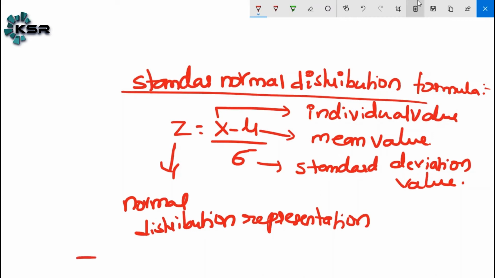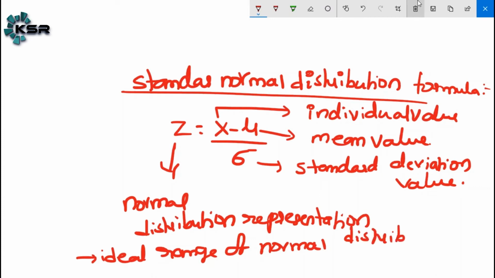The ideal range of normal distribution is also from minus infinity to plus infinity.